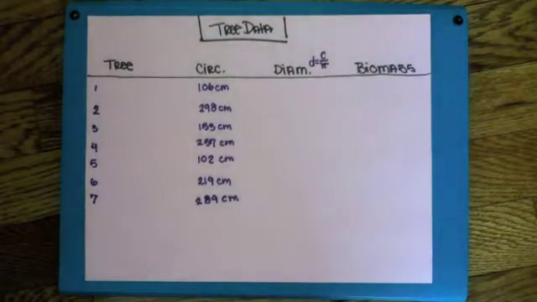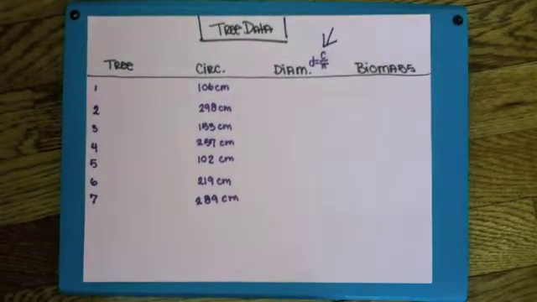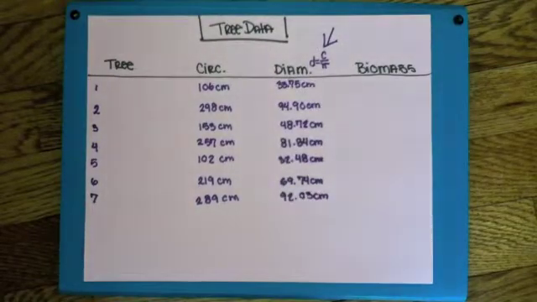To find out the diameter, we use the formula diameter equals circumference divided by pi. Now, they all had different diameters, but to find out the biomass, we calculated.